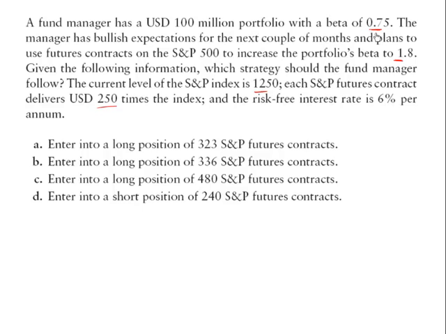We are given the current beta of the portfolio. We are given the target beta. Once again, I will quickly derive the formula. At the moment, the change in the value of the portfolio would be Vp into beta P into delta Y if the market goes up by delta Y. Let's say we take a position in N contracts.